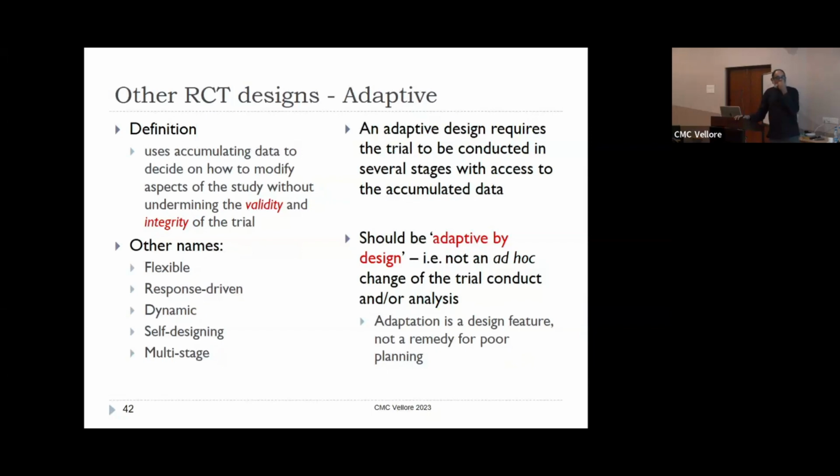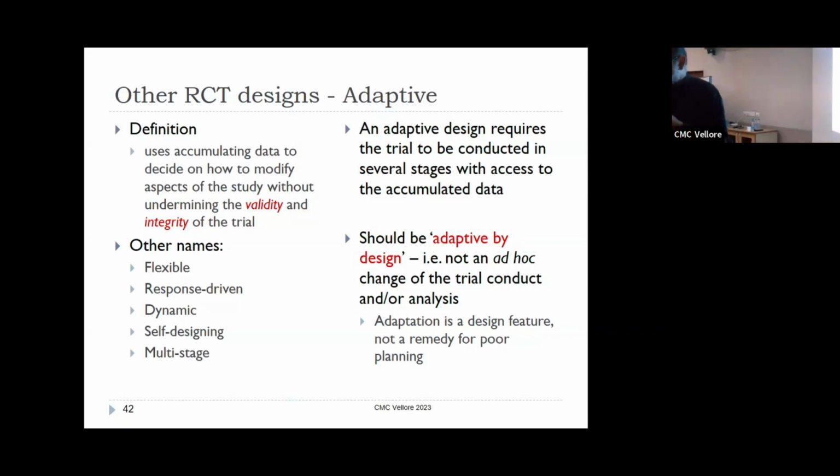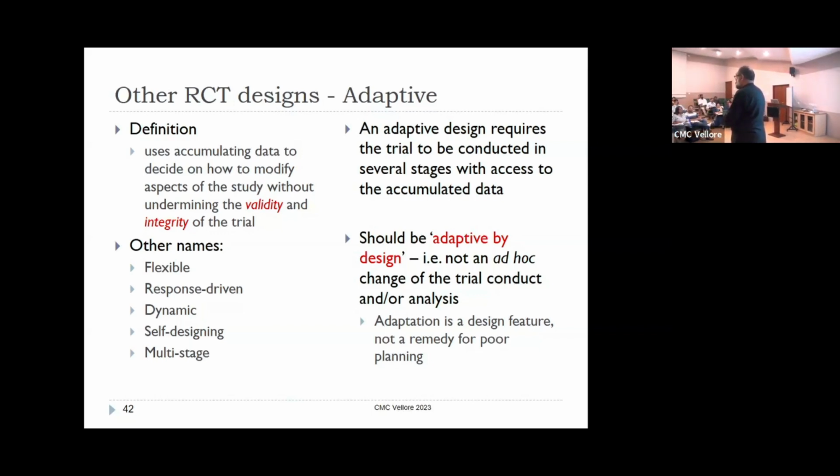Now, we have other RCT designs, and this is a whole other topic. So far we've talked about designs where you have the traditional parallel design, factorial design, the crossover design, and those were individual randomized. And we had the cluster designs.